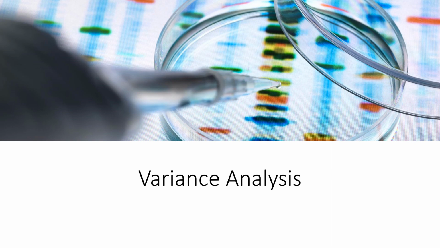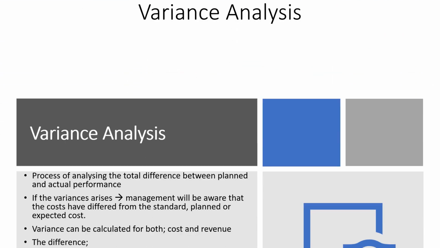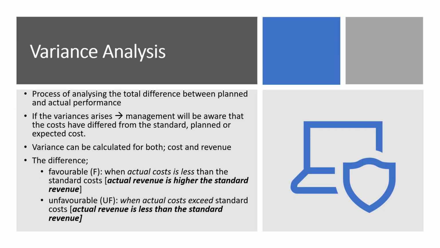Variance analysis. Variance analysis is a critical process in management accounting that involves evaluating the difference between plan and actual performance. This helps in identifying areas where performance deviates from expectations and allows for corrective actions.